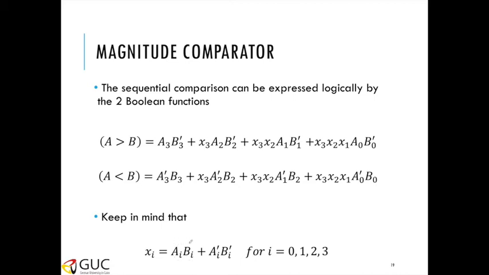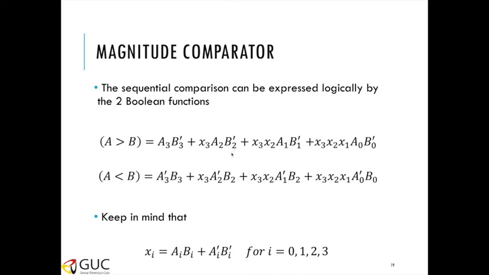Since we already checked that A3 and B3 are equal to each other, let's assume for the time being that they're both equal to 1. Then x3 is basically a literal telling me that the prior comparison didn't really give me any information that would tell me whether A is greater than B or not. So that's why we're now checking A2 and B2.